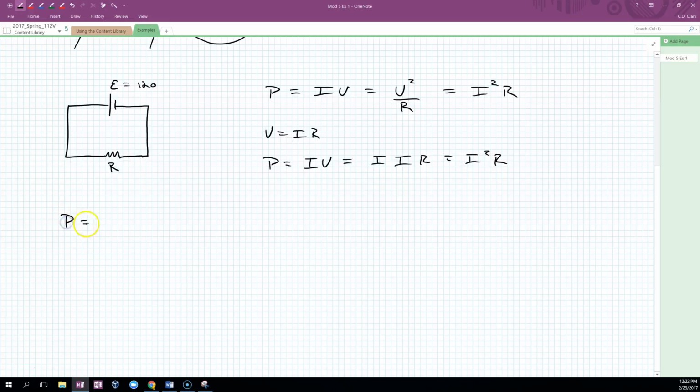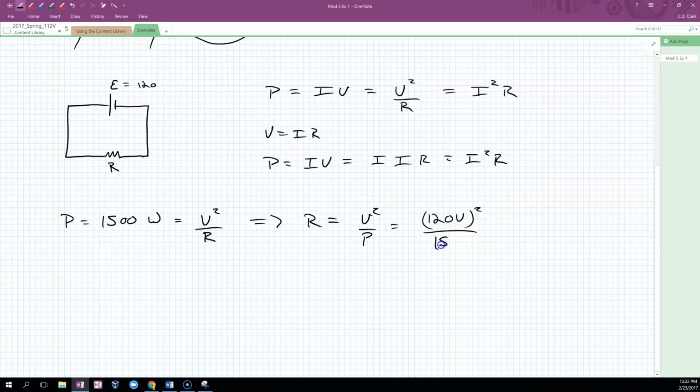Alright, so the power, which is 1,500 watts, is equal to the voltage squared over R. That means that R is equal to the voltage squared over power. So this is going to be 120 volts squared divided by the 1,500 watts.